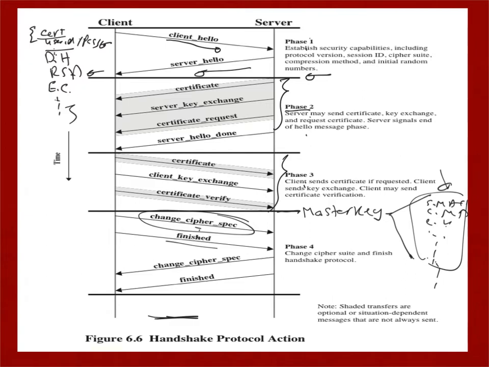So in phase 2, see, here authentication happens from the server because the server is the one that drives how the authentication is going to go. Okay? So that's why when you click on a link, it goes to the server and the server says, I need you to enter user ID and password, or I need your certificate.